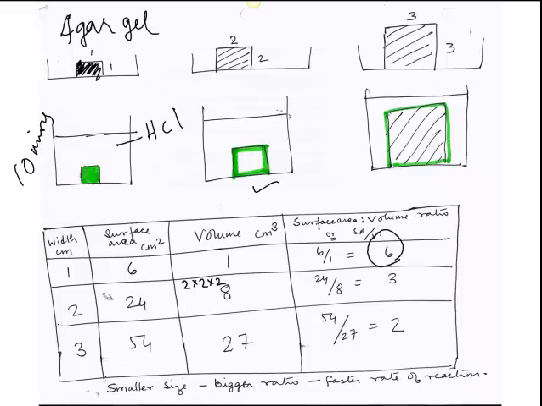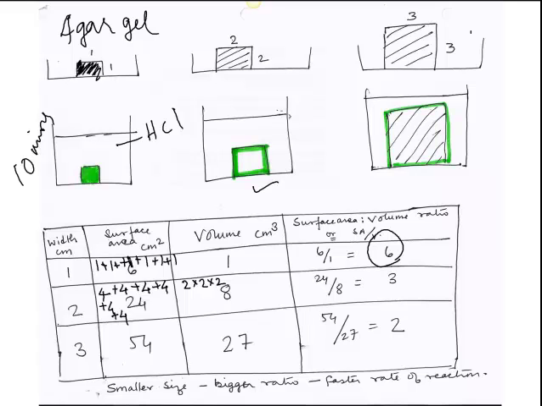So 4. So you have it like this: 4 plus 4 plus 4 plus 4 plus 4 plus 4 for all the 6 sides, whereas this was 1 plus 1 plus 1 plus 1 plus 1 plus 1 for 6. Wait a minute, 1, 2, 3, 4, 5, 6. Yeah.